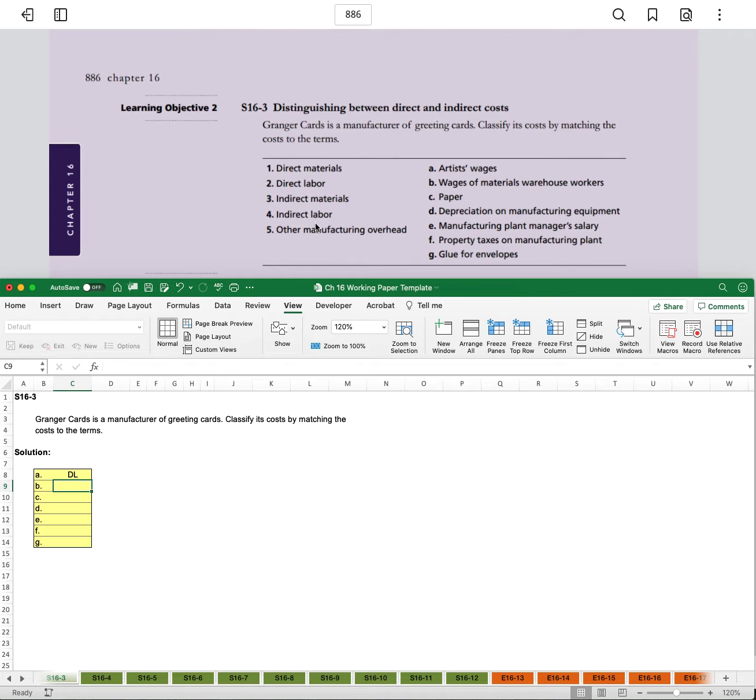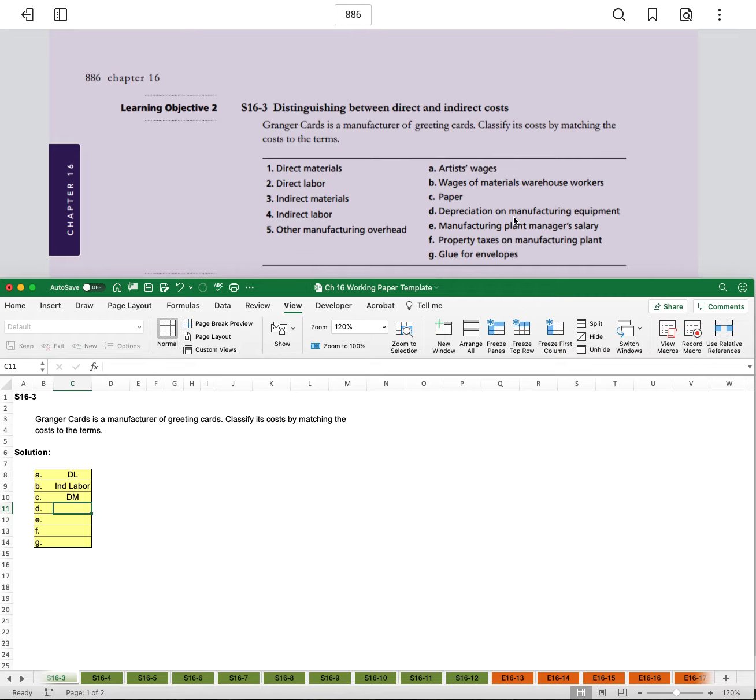So it's indirect labor. The paper, and that's a material, and it is direct. We can tie the cost of paper back to the specific cards that were produced. So that's direct materials.